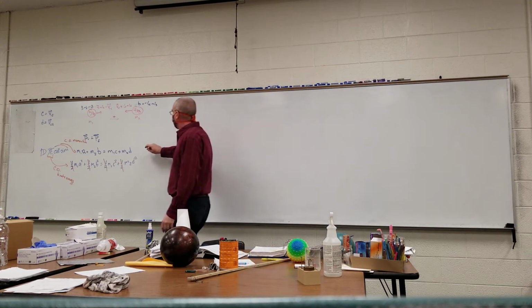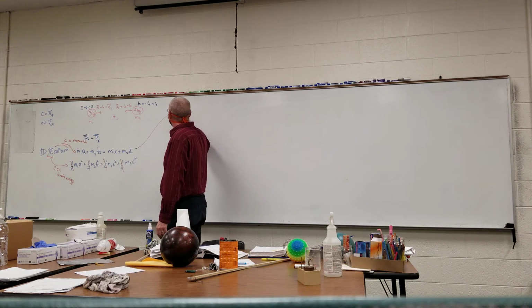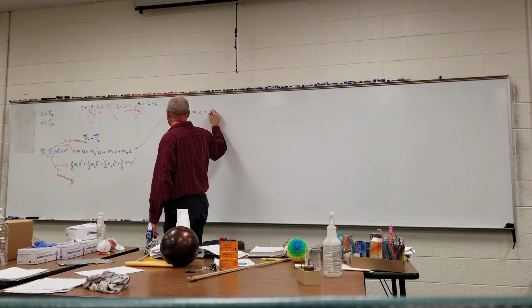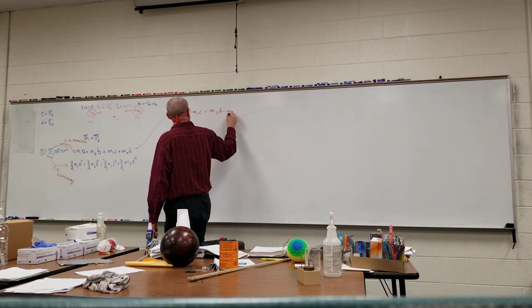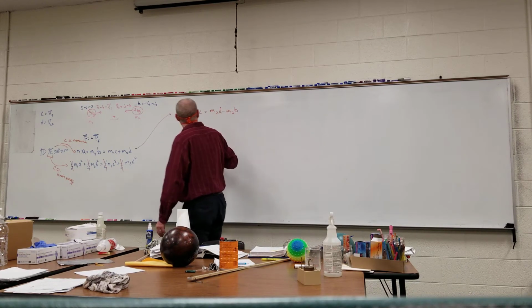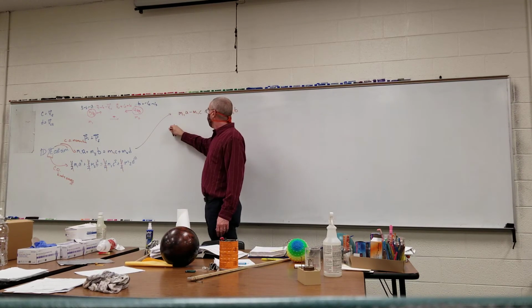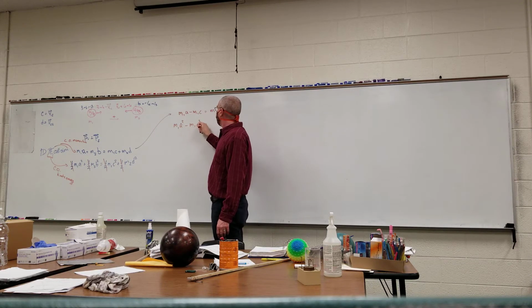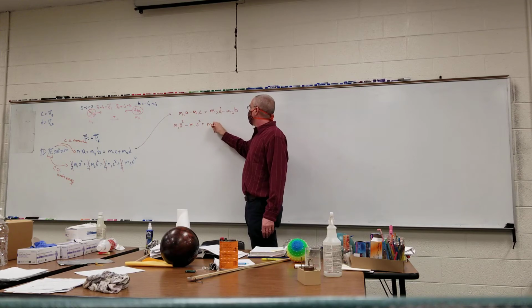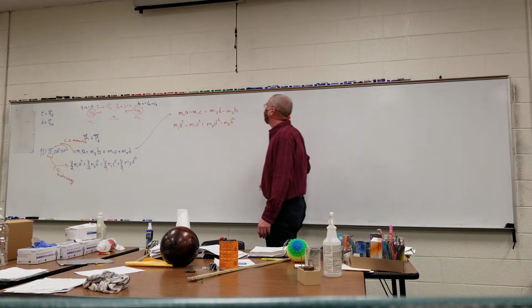So my first equation becomes M1A minus M1C is equal to M2D minus M2B. And down there we have M1A squared minus M1C squared equals M2D squared minus M2B squared.